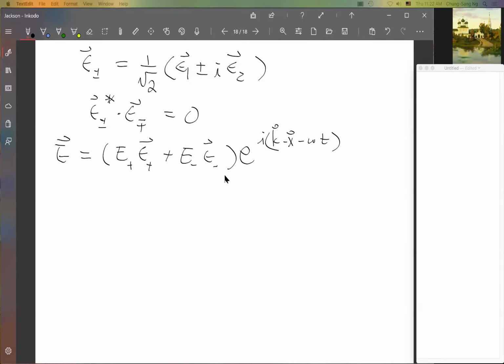So once we express the electric field in terms of this circular polarization unit vector, we can look at these two amplitudes and define a ratio R, the ratio of these two amplitudes, which can be complex.